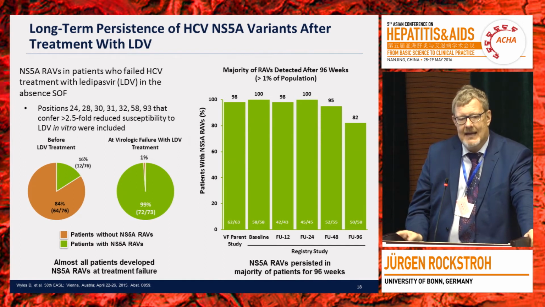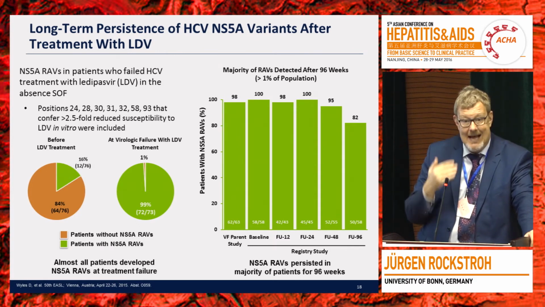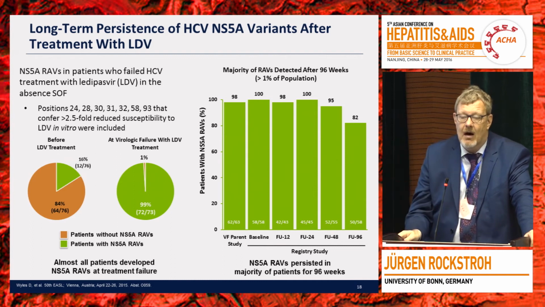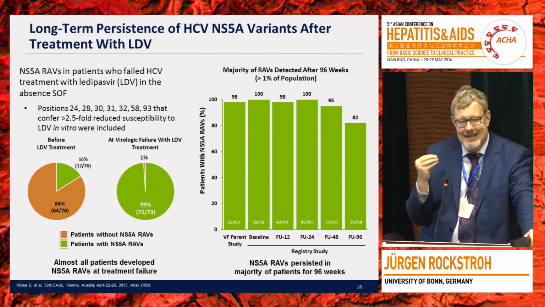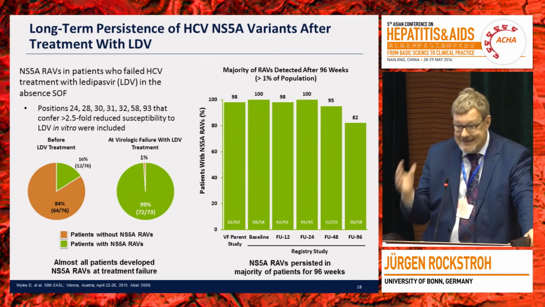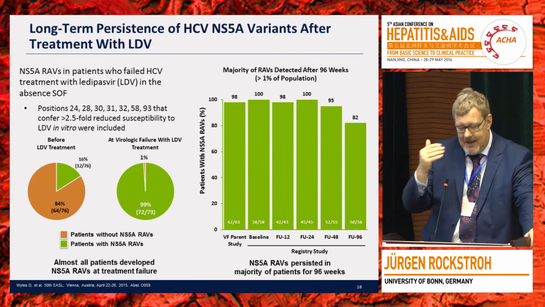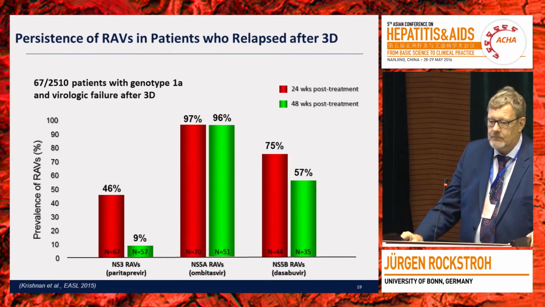So that tells you that NS5A mutations are actually quite troublesome, because if they appear, they persist, and that will have an impact on future therapies. And as such, you would expect that resistance testing after failure of an NS5A inhibitor-based regimen would make sense, because then you can think about whether there is an option to circumvent or to deal with the particular resistant mutations you may find.